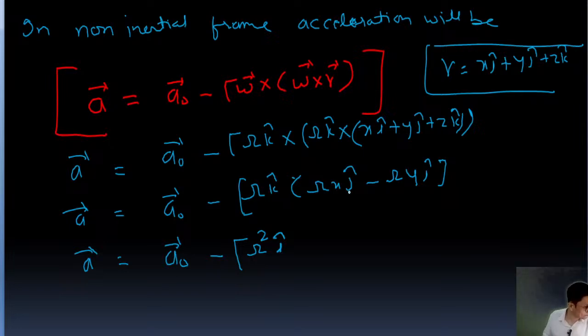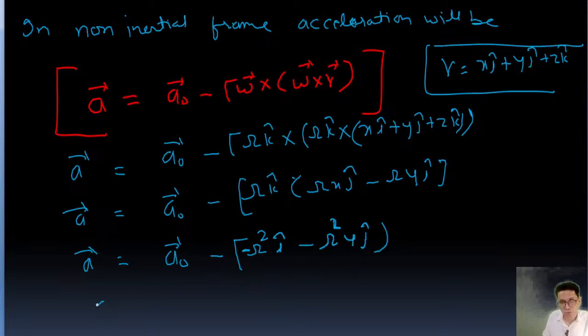K cross j means minus i cap, so I'm writing minus here. Again this one, minus omega square y, k cross i is j cap, and this is plus.